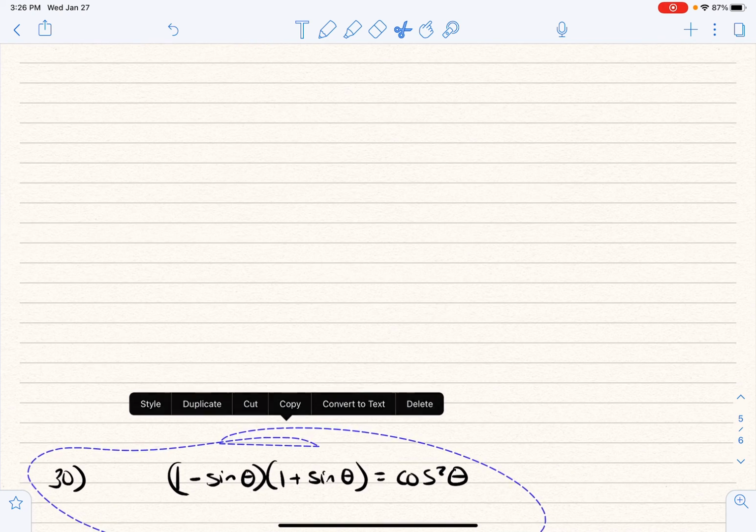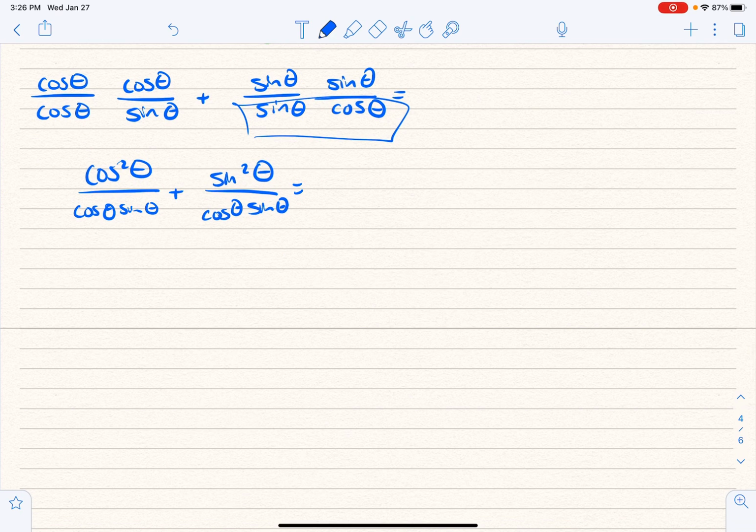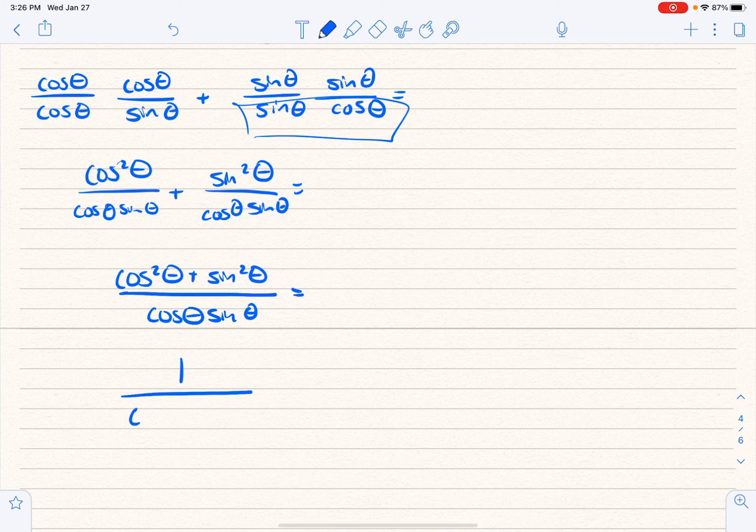Okay. All right, so at this point, the whole point of finding common denominator is to bring them all together. And so that would say cosine squared theta plus sine squared theta all over cosine theta sine theta. That top we should clearly recognize as 1. Cosine squared theta plus sine squared theta is always 1. At the bottom, we have cosine theta, sine theta.